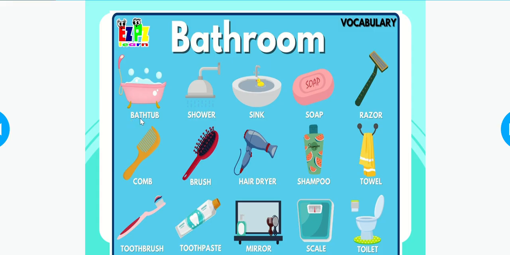We have a bathtub, shower, sink, soap, razor, comb, brush, hair dryer, shampoo, towel, toothbrush, toothpaste, mirror. That word is tricky. Let's say it again. Mirror, scale, and toilet.